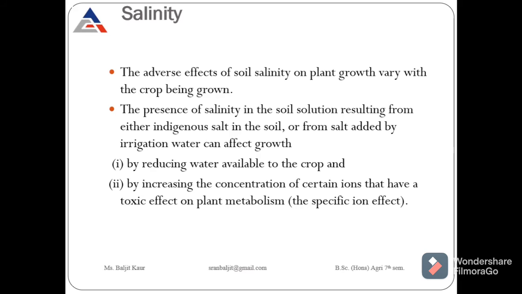So soils may have salt in them from where they originated, and sometimes salt may be added when the irrigation water is very poor and has more salt content. At that time also soils may become saline in nature, right?